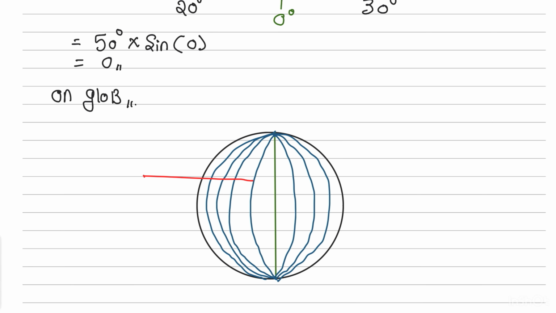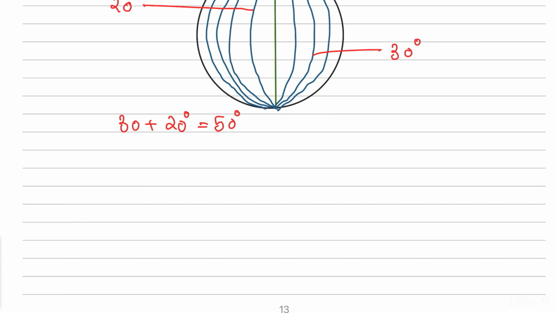So this is 20 degrees and 30 degrees, and combined we have 30 plus 20, that is 50 degrees. The value of latitude is not given, so we will consider it as 0. So 50 into sine of 0.